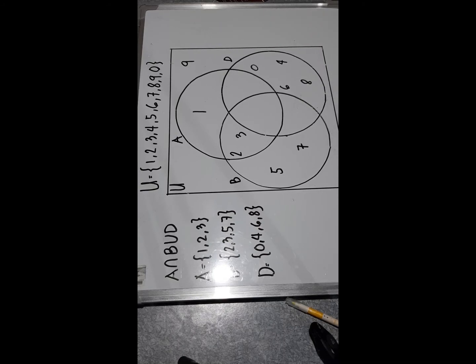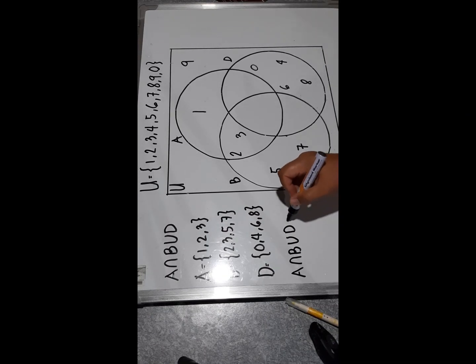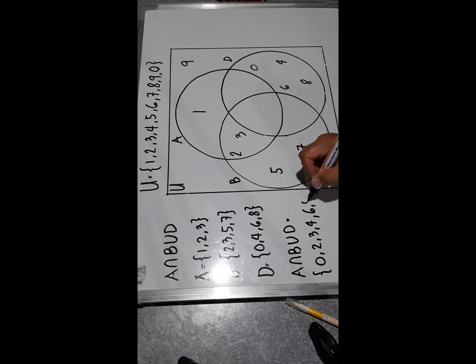Now, our answer, which we solved a while ago, for A intersection B, union D is equal to 0, 2, 3, 4, 6, and 8.